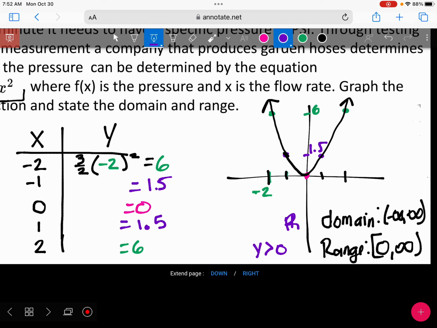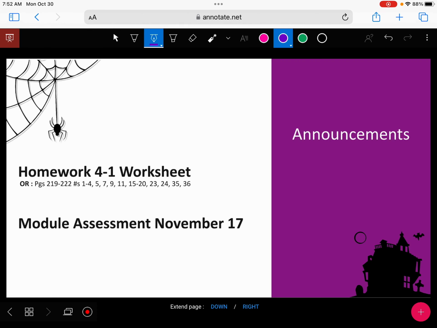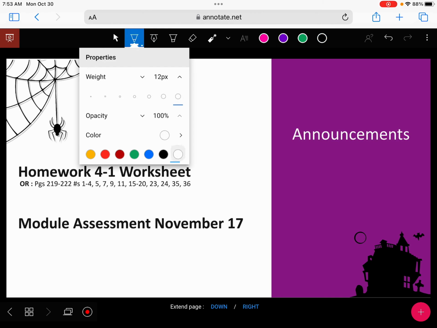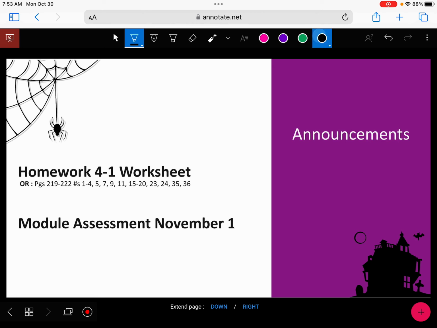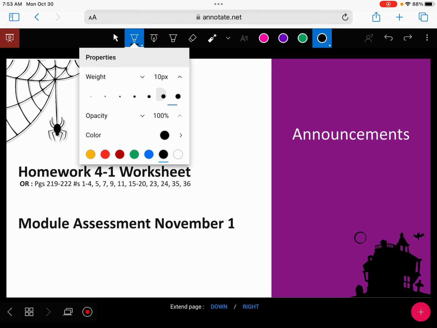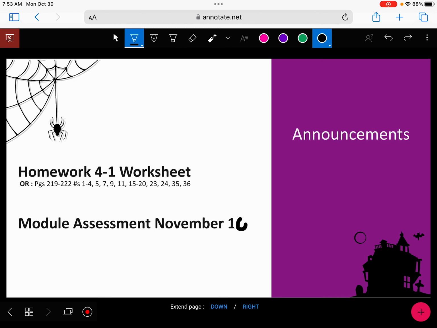Should be on the 16th. I believe this one actually says 17th. This says the Friday, so I'm going to switch this to be the 16th. So the 16th, the Thursday before Thanksgiving break.